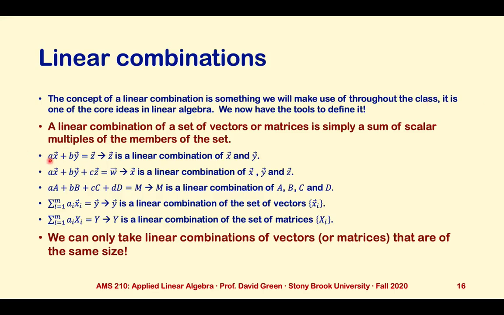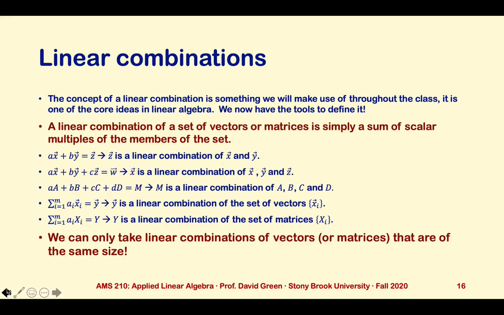Right? Some examples: a times x plus b times y equals z. z is a linear combination of the vectors x and y. a x plus b y plus c z equals w.